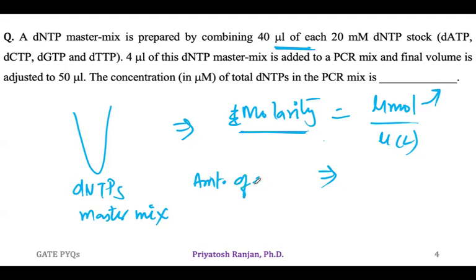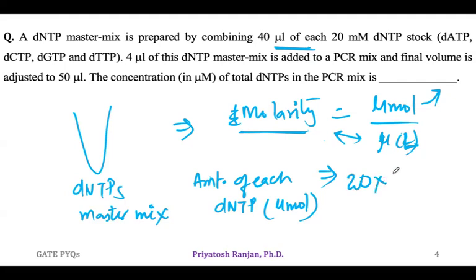So amount of each dNTP in micromole, I can calculate by multiplying the concentration with the volume in microliter. So for the amount of each dNTP, I can multiply the concentration of a single dNTP, which is given 20 millimolar, which I can convert into molar. So 20 millimolar corresponds to 20 into 10 raised to power minus 3 molar. 1 molar is equal to 1000 millimolar, or 1 millimolar is equal to 10 raised to power minus 3 molar.